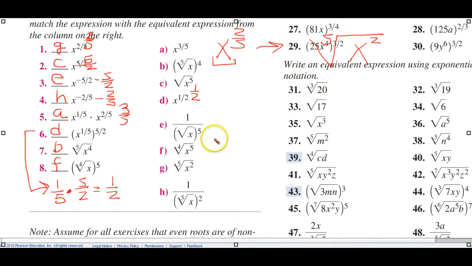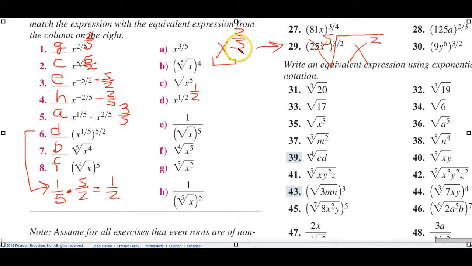So when it's done like that, it's sort of easy to do. This way it tends to be confusing. So again, I would always, in your homework logs, write the fraction with a horizontal fraction bar.